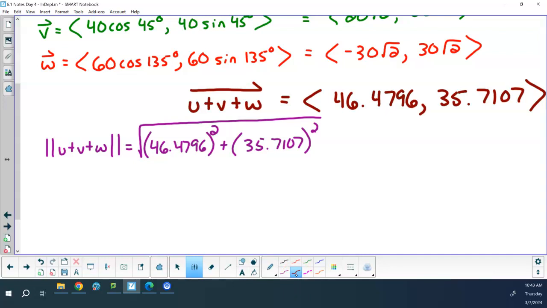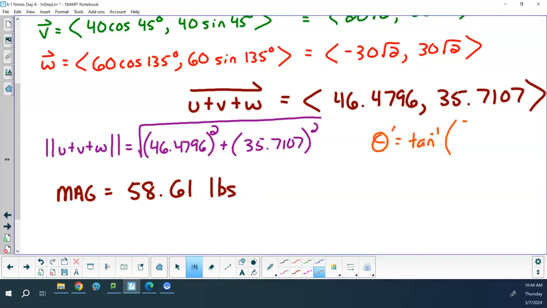Gives me a magnitude of 58.61 pounds. Gives me a direction angle of 37.5354.